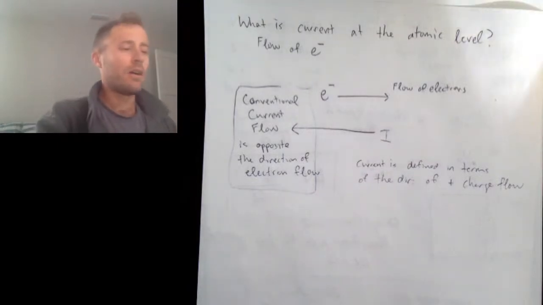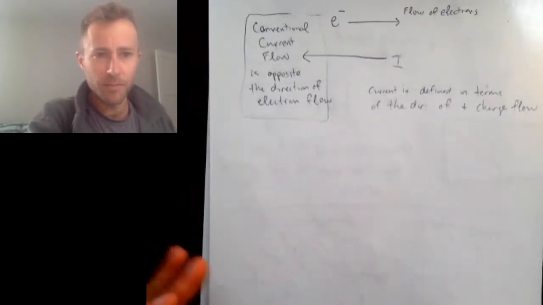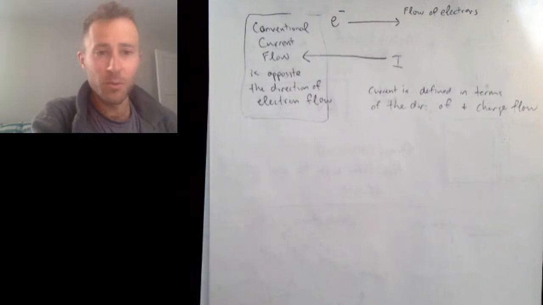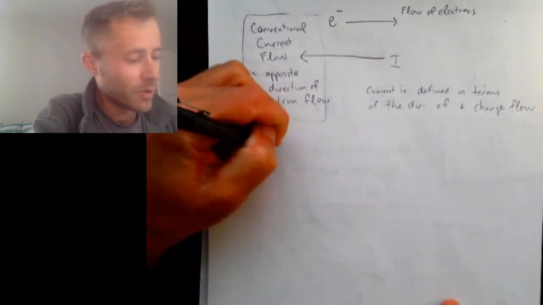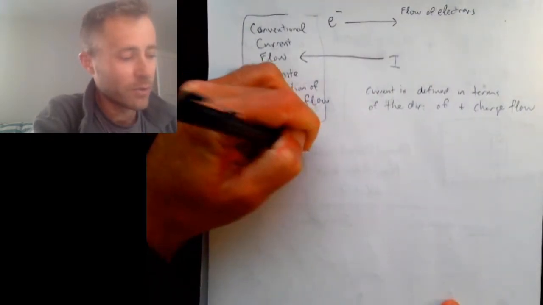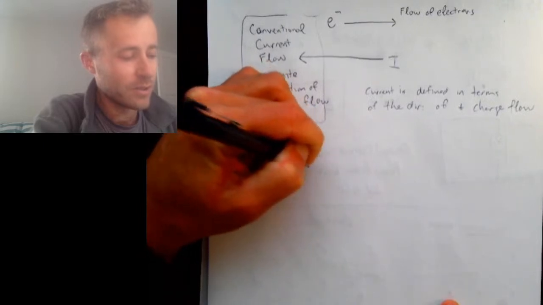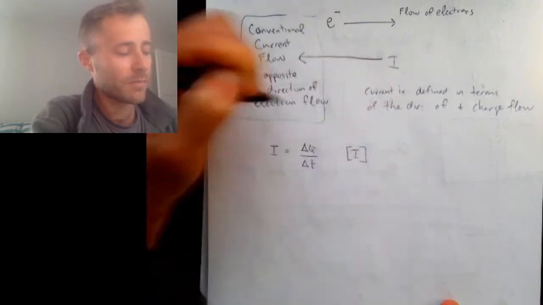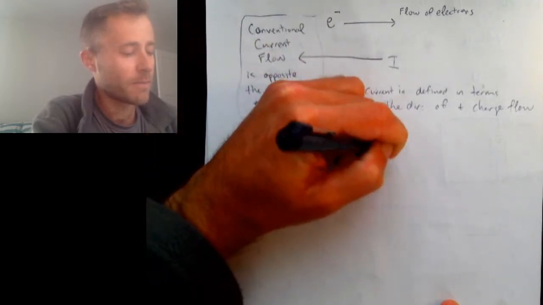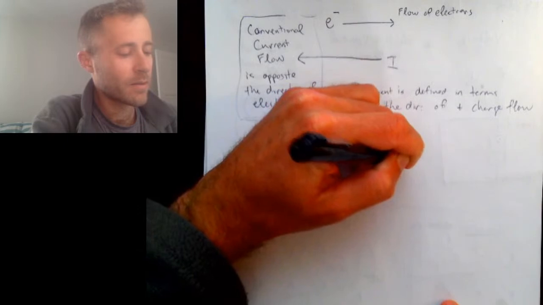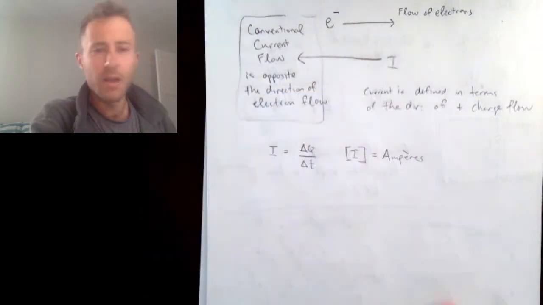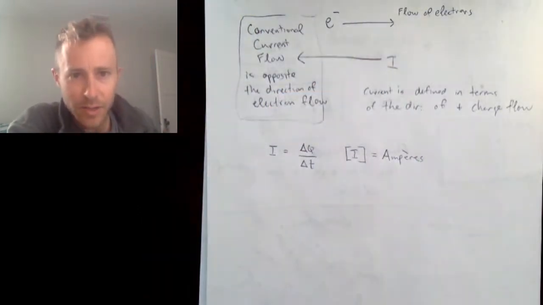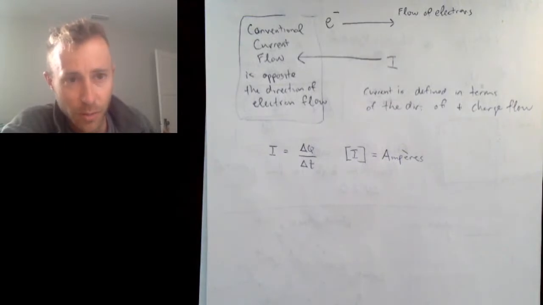Okay. So there's another formula that IB wants you to know. So first of all, current is the rate of flow of charge. So it's dq dt. It's measured in amps. But IB has a second equation that they want you to know, okay?